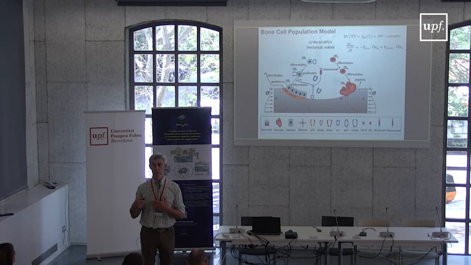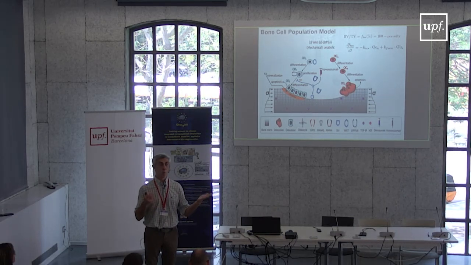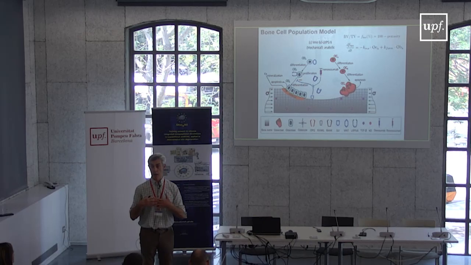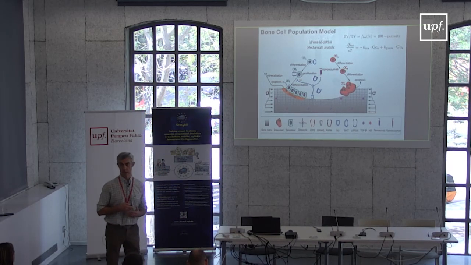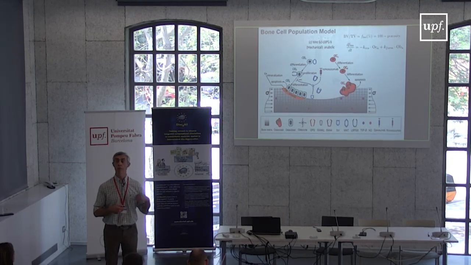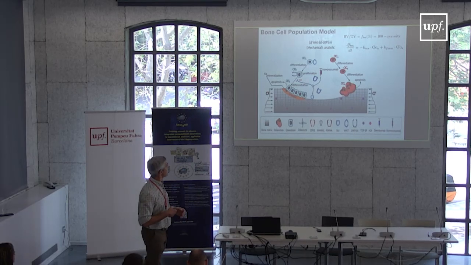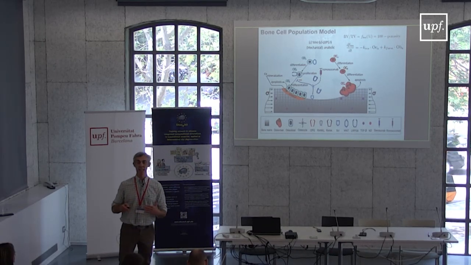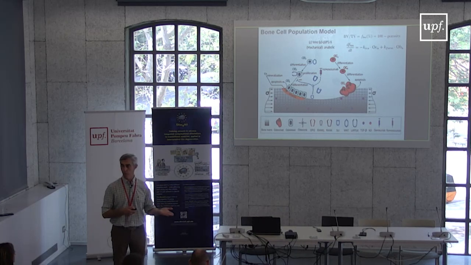And again, if sclerostin binds to LRP5, then Wnt cannot bind to LRP5. And this proliferation doesn't take place. So sclerostin is blocking proliferation of pre-osteoblasts. So sclerostin is an anti-anabolic protein whose role is just controlling the population of OBP.